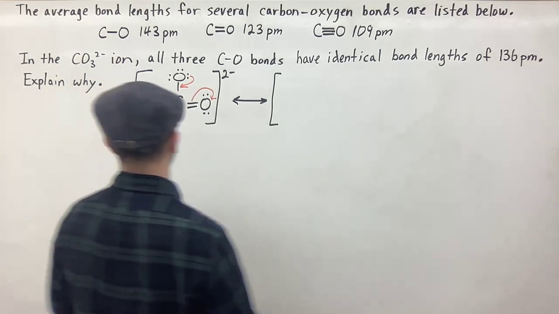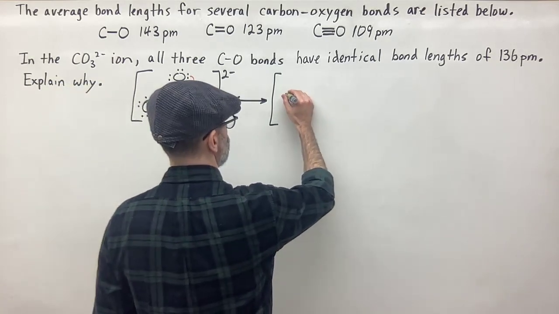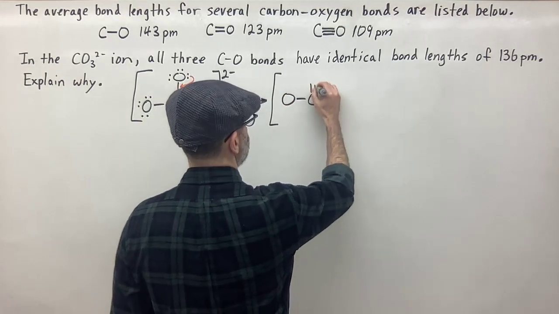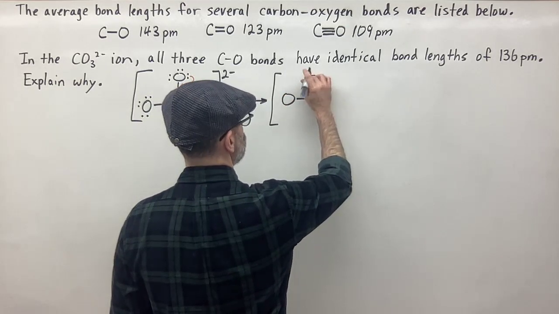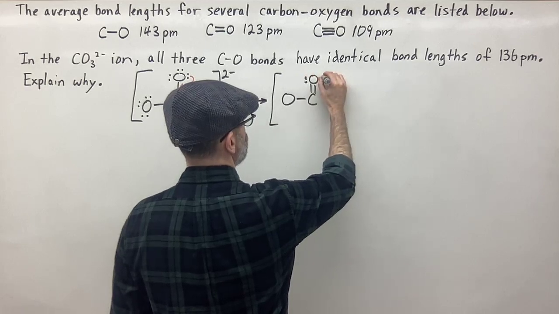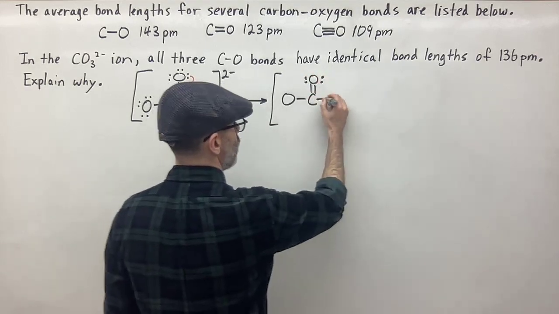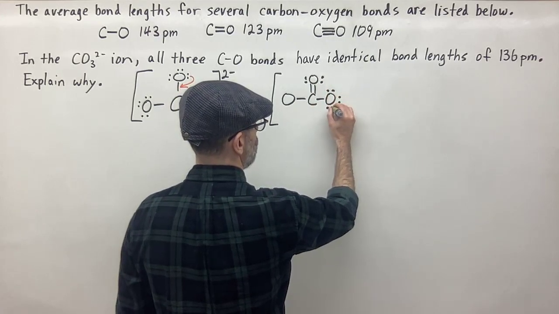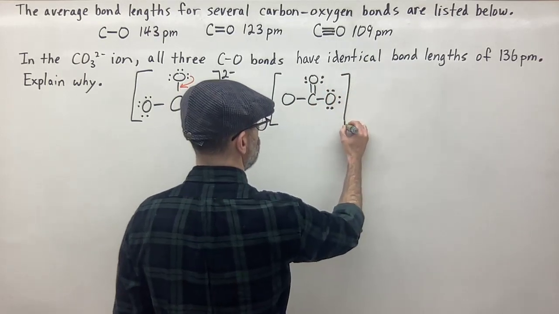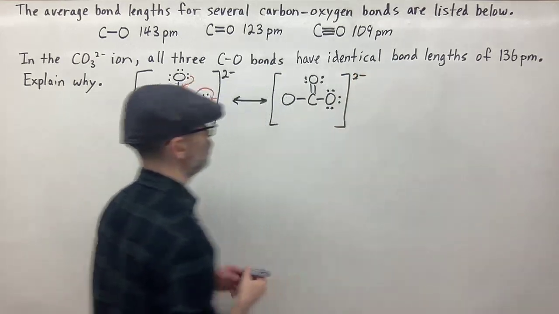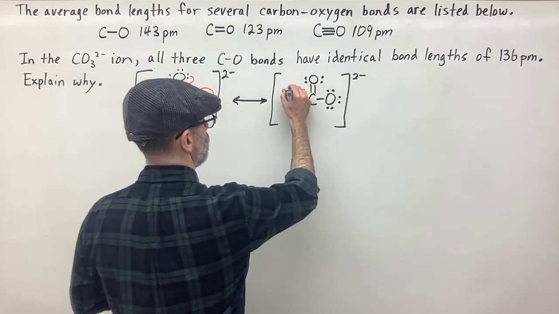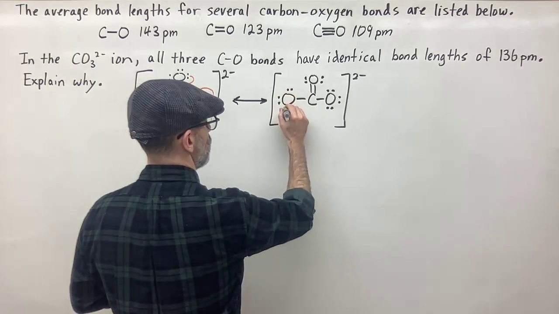And so that's going to form a different resonance structure. Now we'll have the double bond here, and we'll have this single bond here with the 2- charge. And then I forgot my lone pairs here.